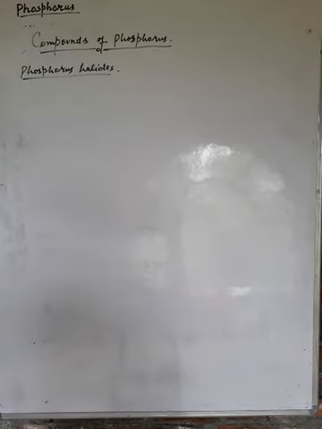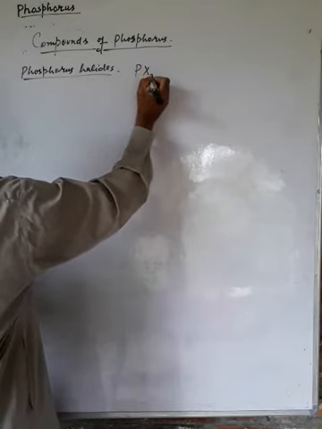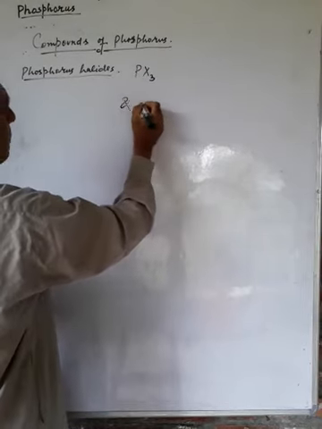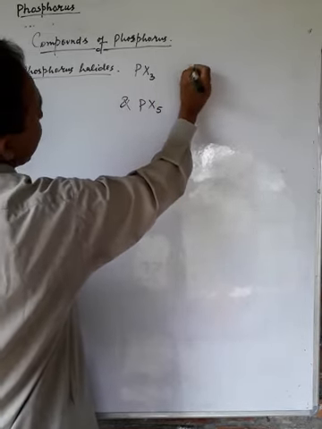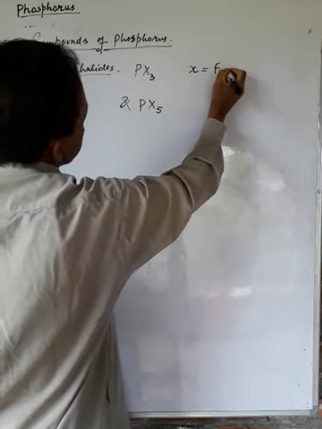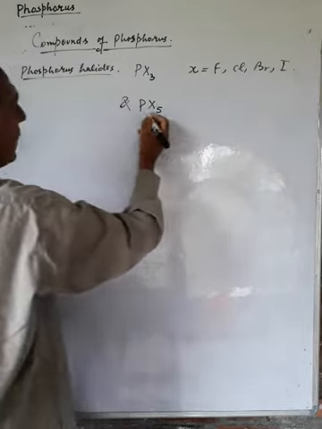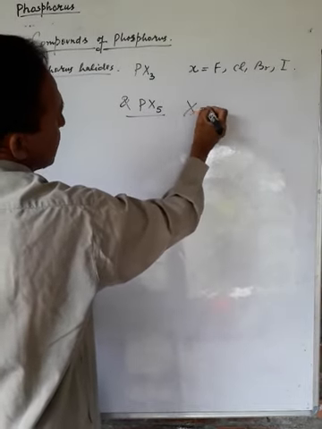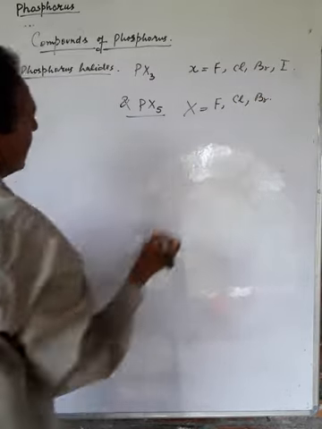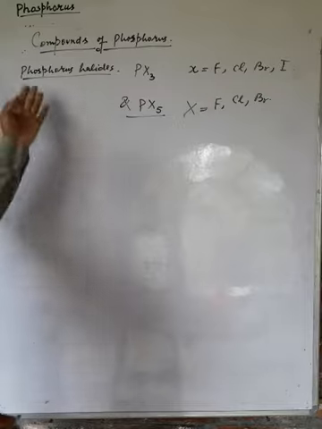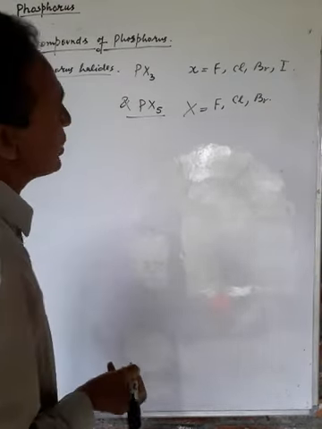Phosphorus reacts with the halogens and forms two types of halides, that is PX3 and PX5. In PX3, X is the halogen, it can be fluorine, chlorine, bromine and iodine. And in PX5, X is fluorine, chlorine and bromine. So these are the compounds formed by phosphorus when it reacts with the halogens.